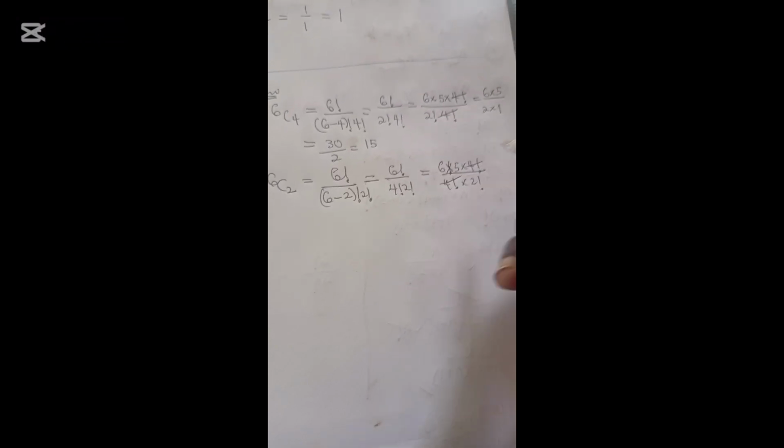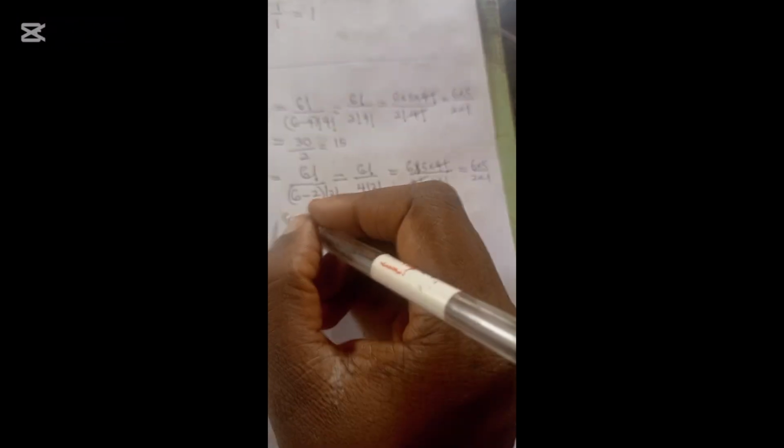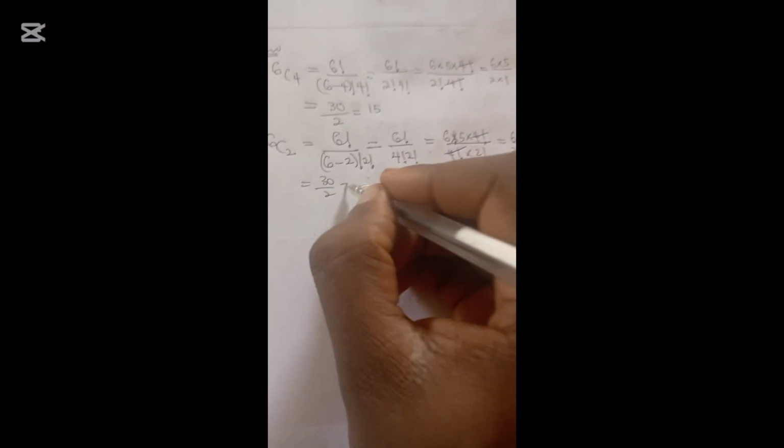The 4 factorials cancel out. 6 times 5 over 2 times 1 again. And this is 30. This is giving 30 over 2, which is 15 again. So we see that this checks: 6 combination 2 is also equal to 6 combination 4. And I would like you to check out 10 combination 3 with 10 combination 7.